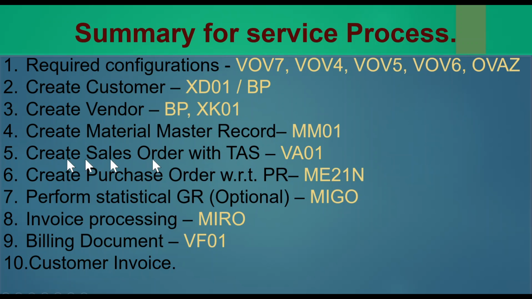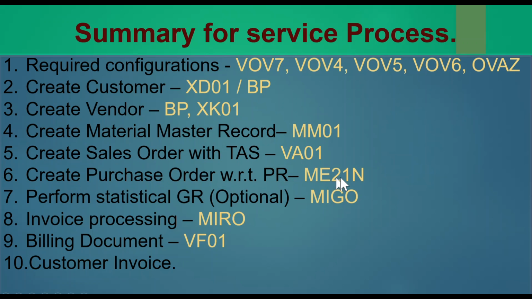Then here our process starts. We create a sales order, and in that sales order, in the background, a purchase requisition will be created. If you maintain the automatic purchase order tick while creating the item, then the PO also gets created automatically, so this also we can skip.